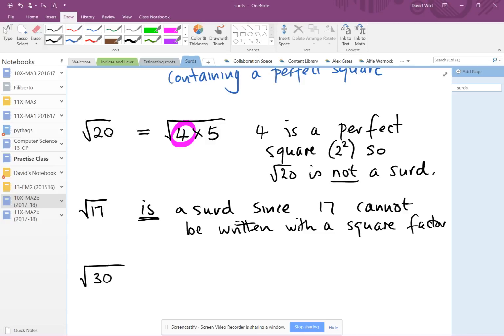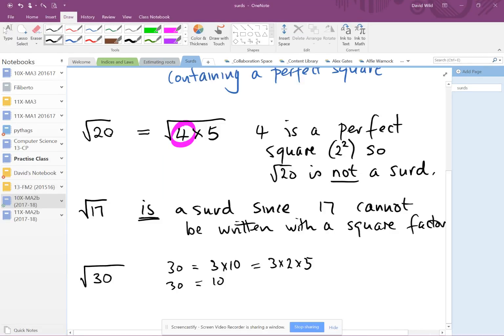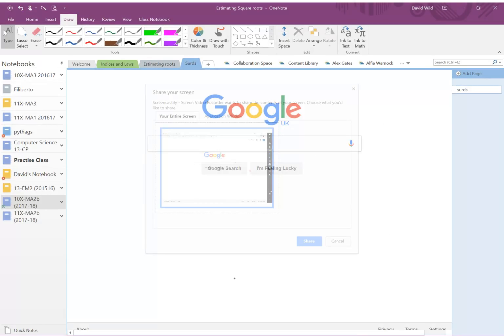Neither of those are square numbers. So 30 is 3 times 10, which is 3 times 2 times 5. How else can we do it? It's also 6 times 5, and 6 times 5 is 2 times 3 times 5.